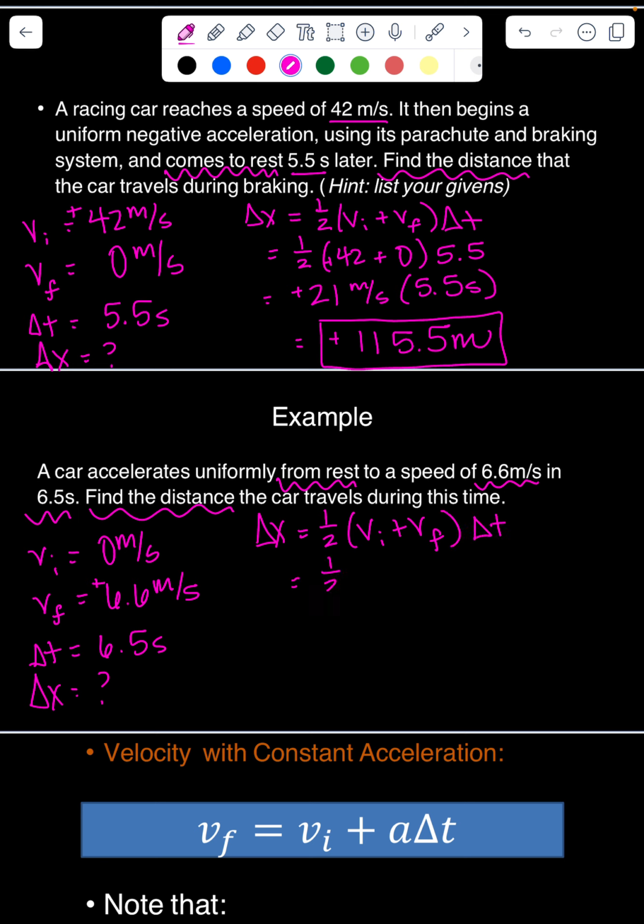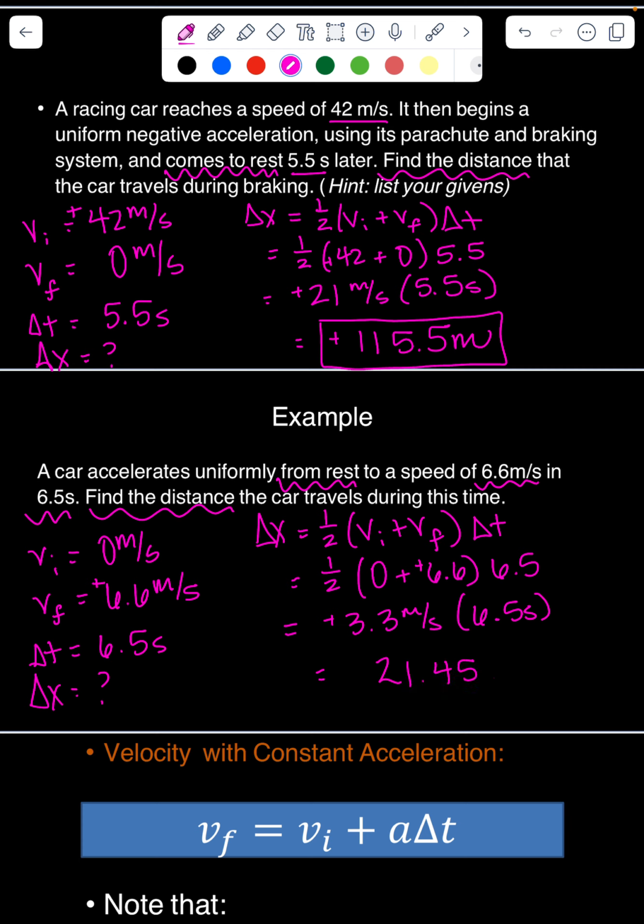All right, so we have 1/2 times 0 plus a positive 6.6 times 6.5. Half of 6.6 is going to be 3.3 times 6.5 seconds.